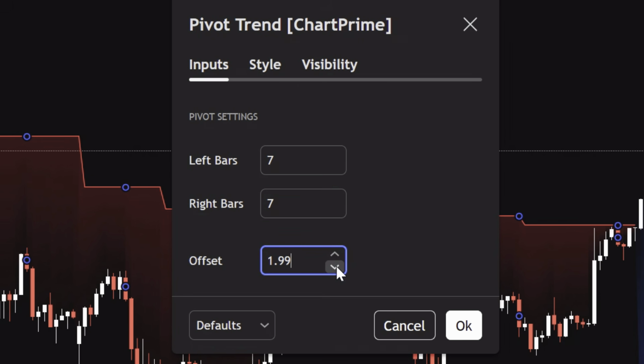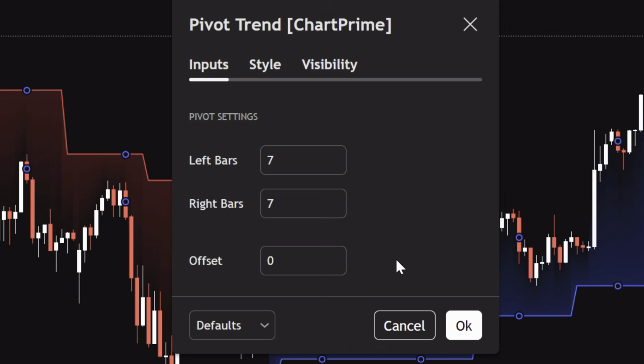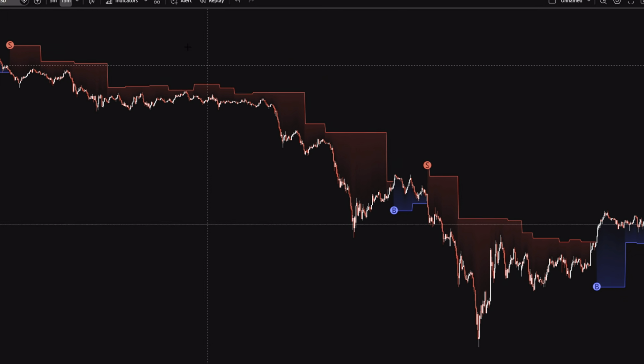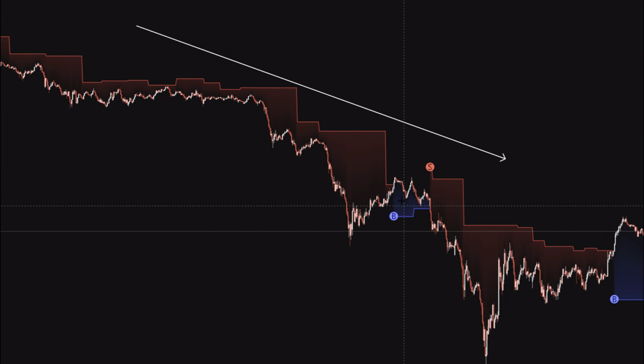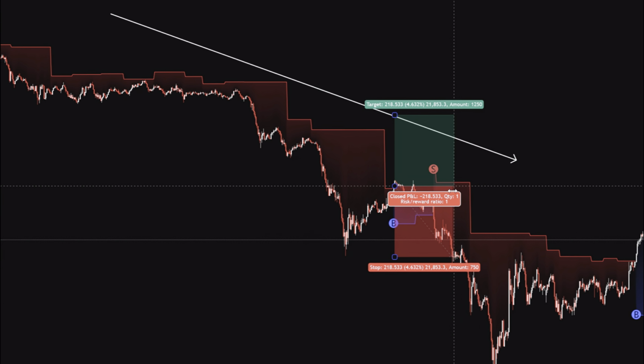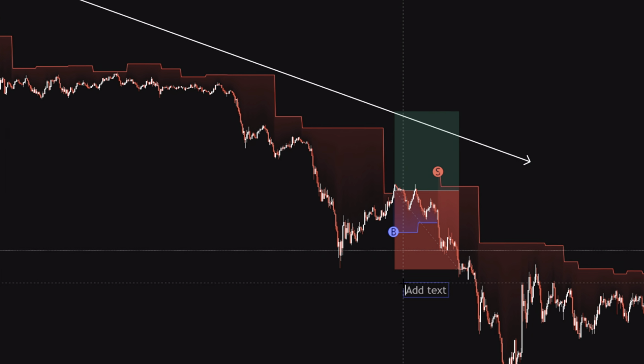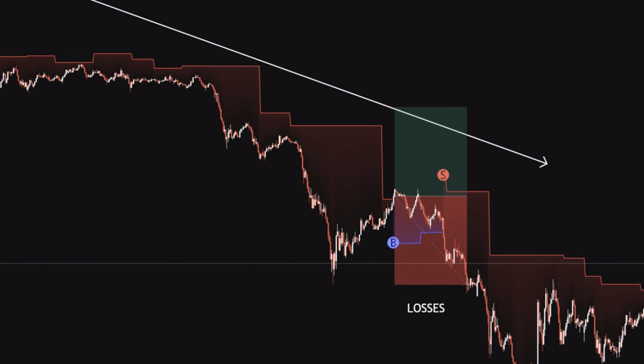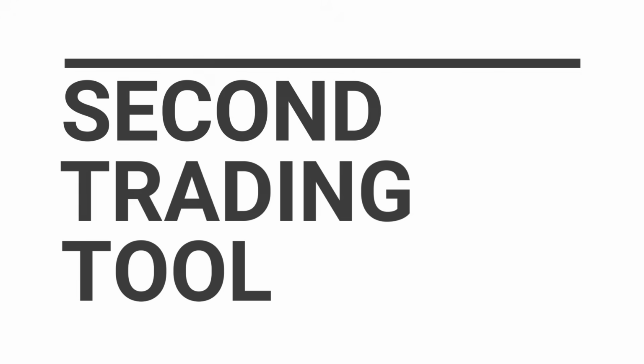This tightens the sensitivity without turning it into noise. Now the signals are sharper, but we're still not trading them blindly. Now bring in the second tool. It's called the Trend Indicator A-V2.